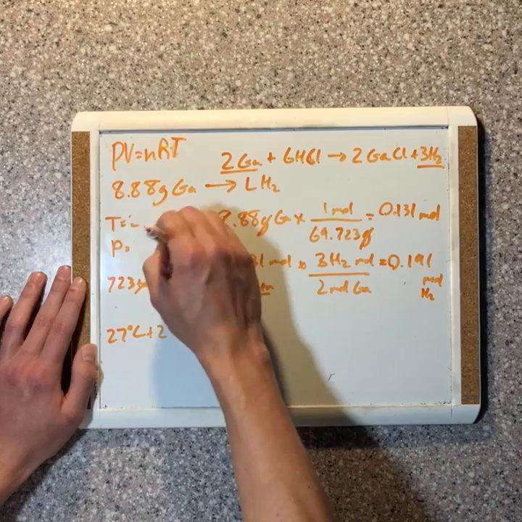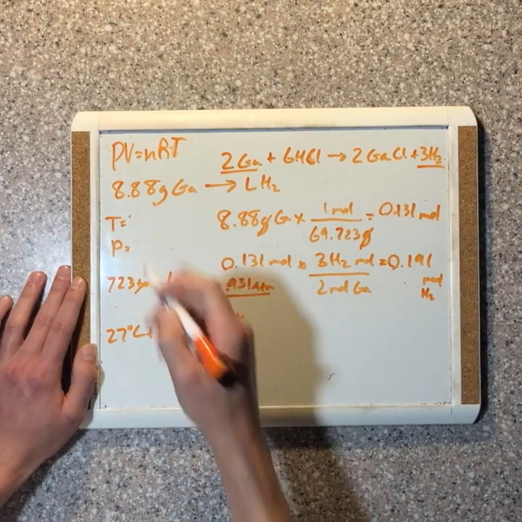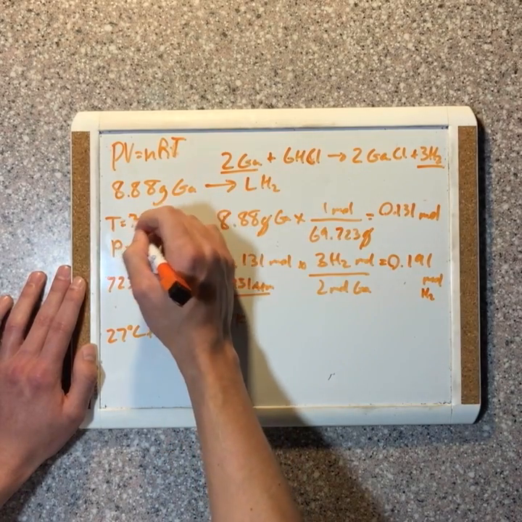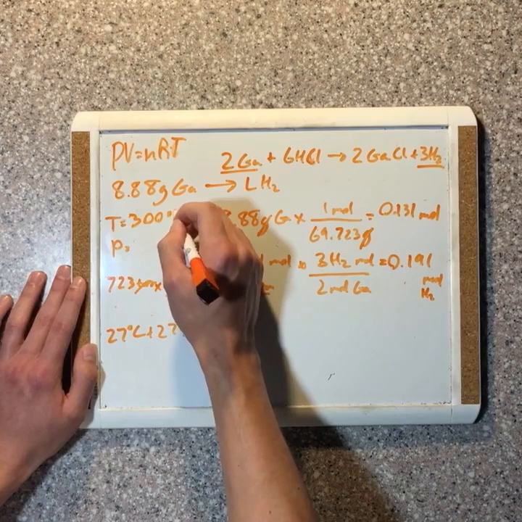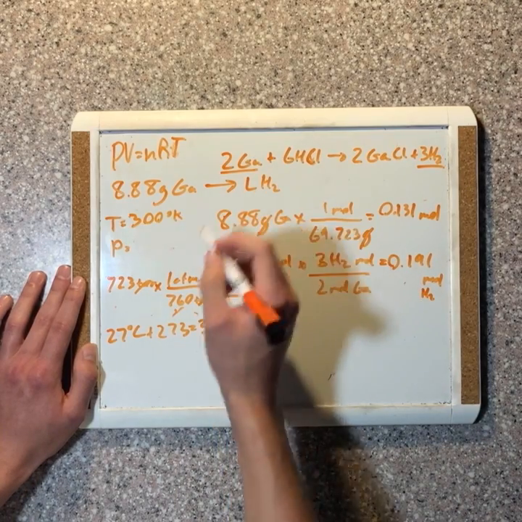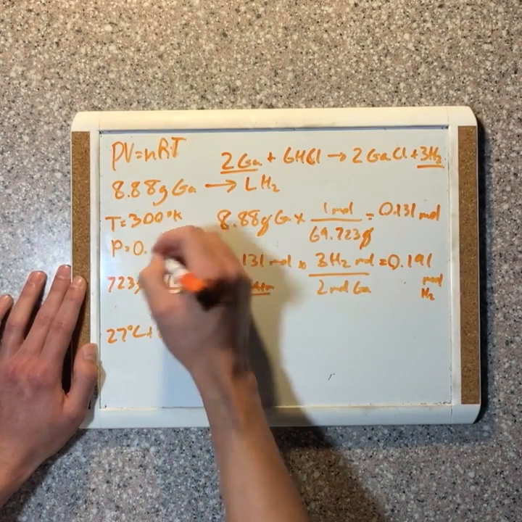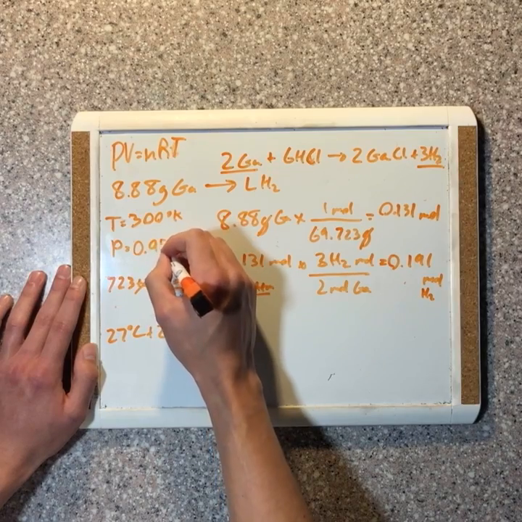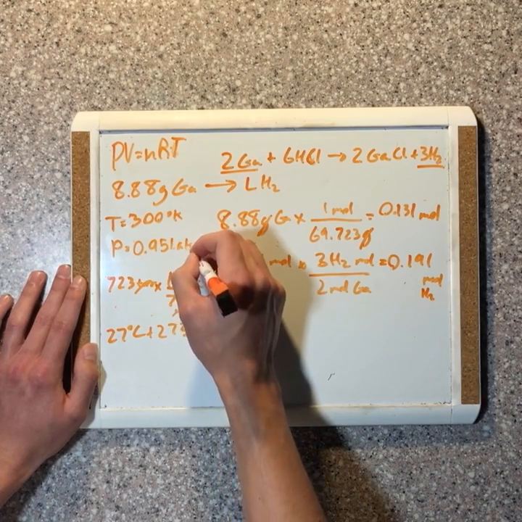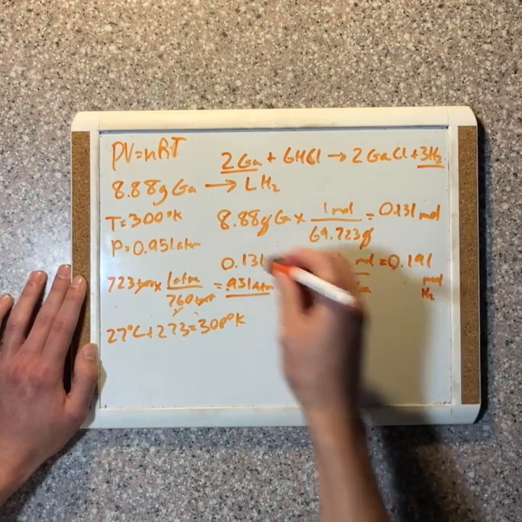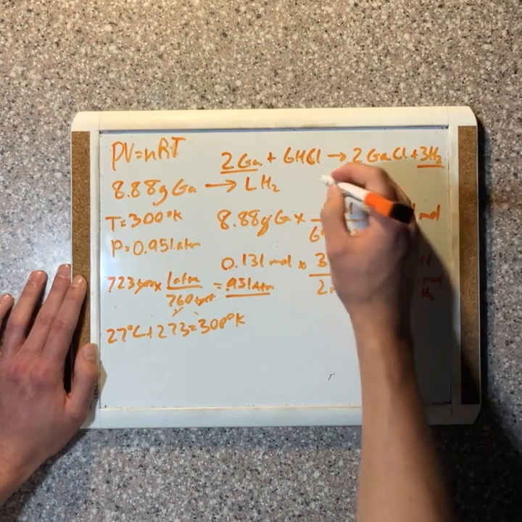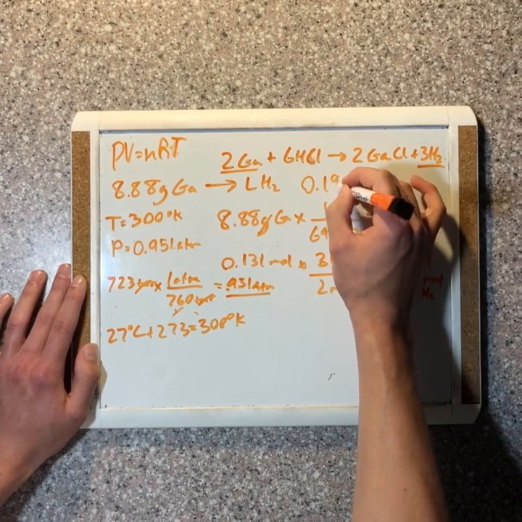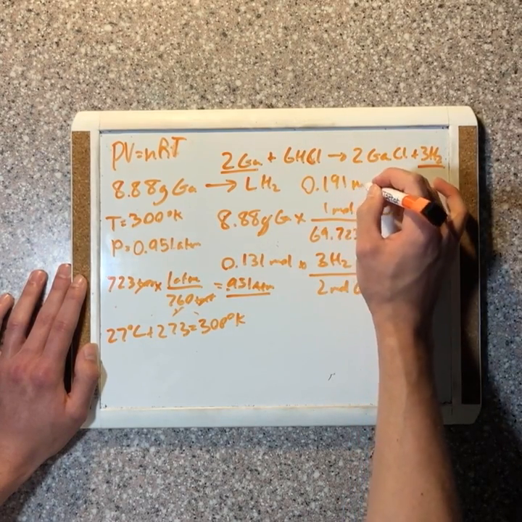First, let's clear out some space and write in our new values. So we have 300 degrees Kelvin, 0.951 atmospheres, and 0.191 moles.